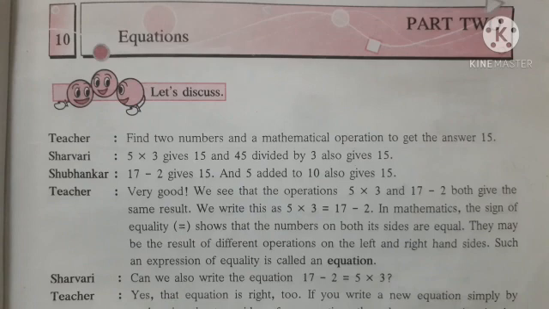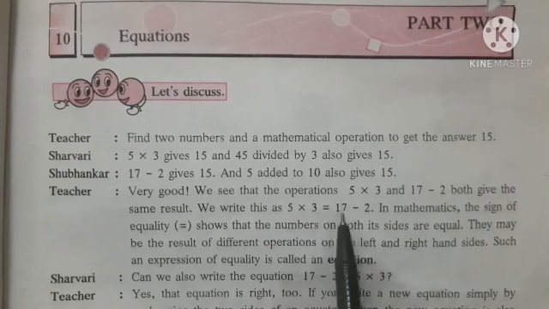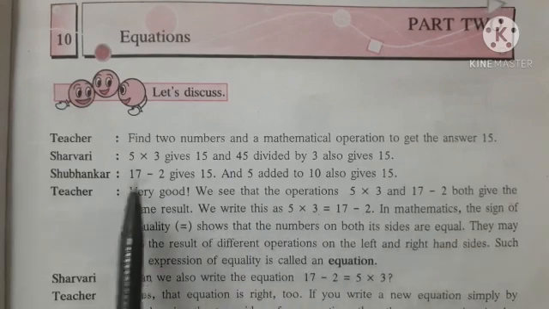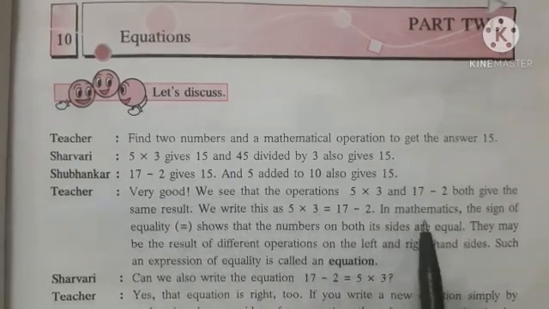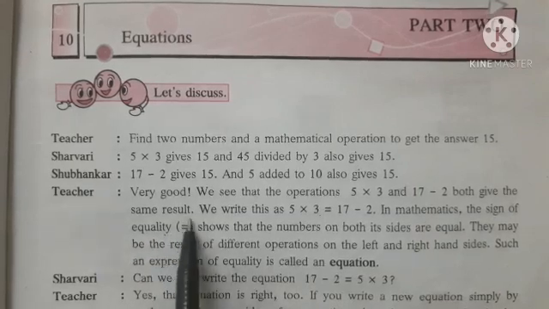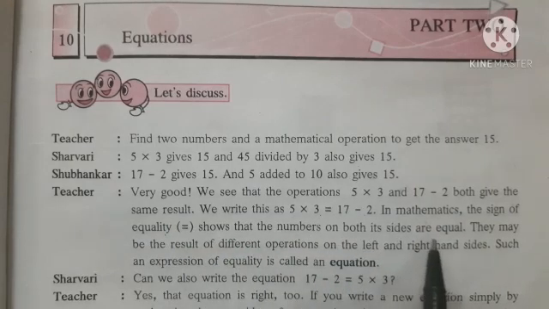Now children, you all can see that 5 multiplied by 3 is 15. 17 minus 2 is also 15. So we can say that 5 multiplied by 3 is equal to 17 minus 2. We can also say that in mathematics, the equal sign, or sign of equality, shows that the numbers on both its sides are equal.